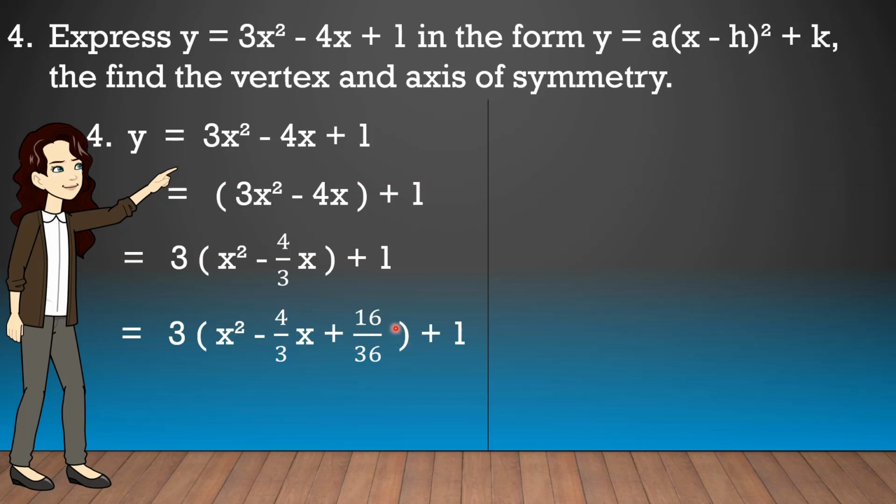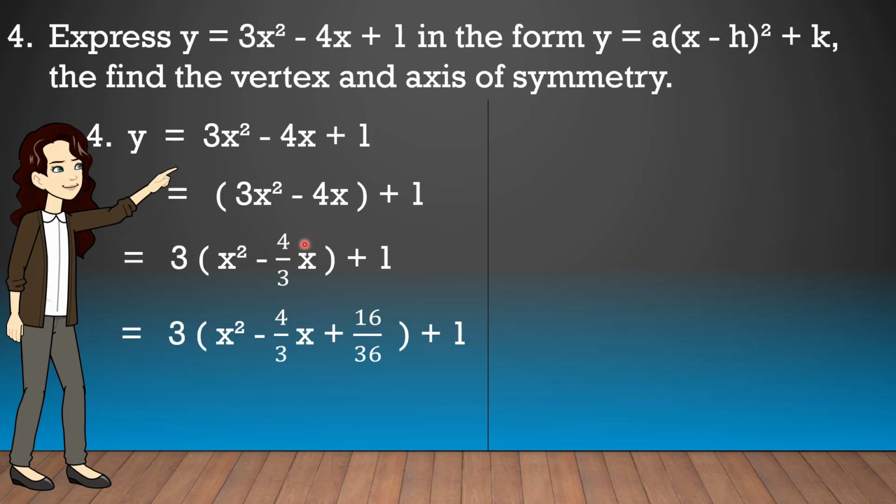So what must be added at the last term? How do we get 16 over 36? We get that as half of 4 over 3. So what is the half of 4 over 3? That is multiplied by 1 half.